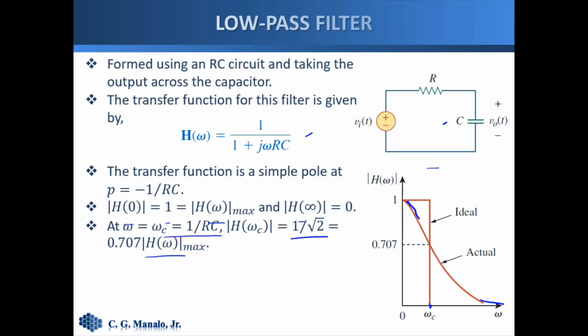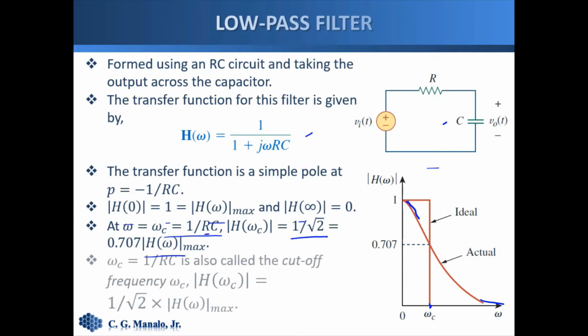So we can manipulate the cutoff frequency by manipulating the values of R and C. So 1 over RC is called the cutoff frequency, and at that frequency, the magnitude of the transfer function is 0.707 of the maximum magnitude of the transfer function.